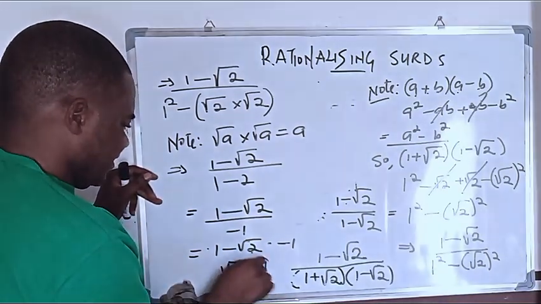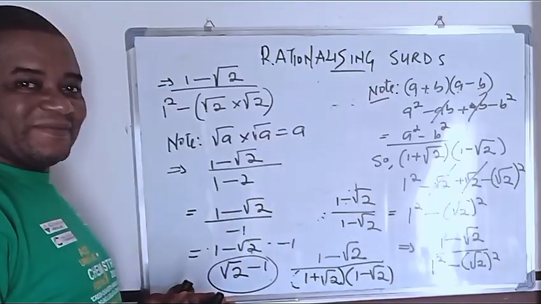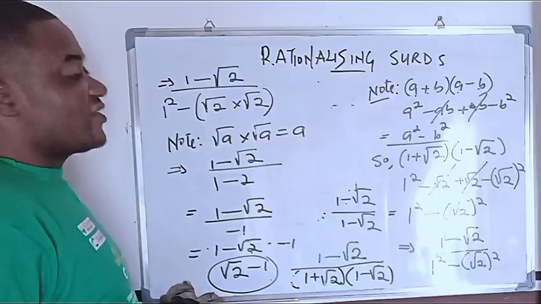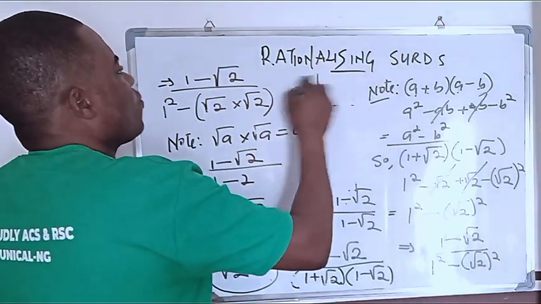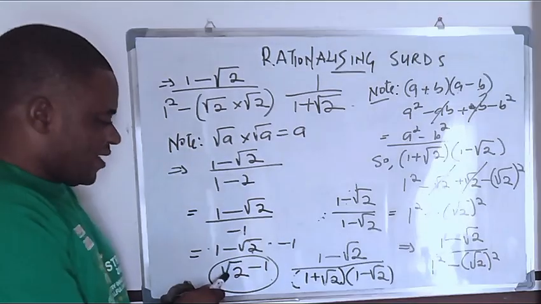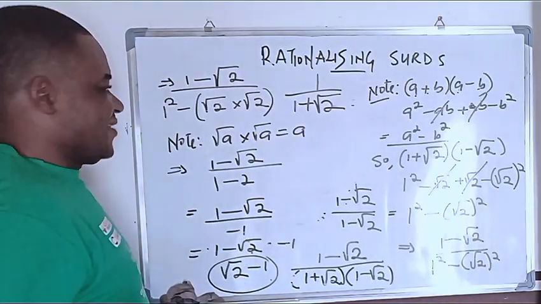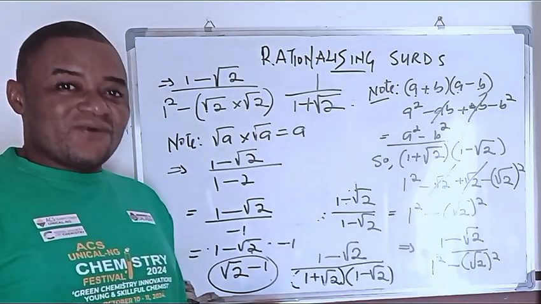And in this, you have arrived at the answer of this problem. So it means that to rationalize 1 over 1 plus sod 2, the answer is sod 2 minus 1. You can see how simple this goes.